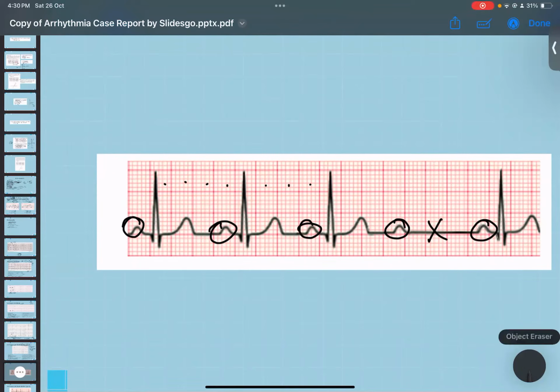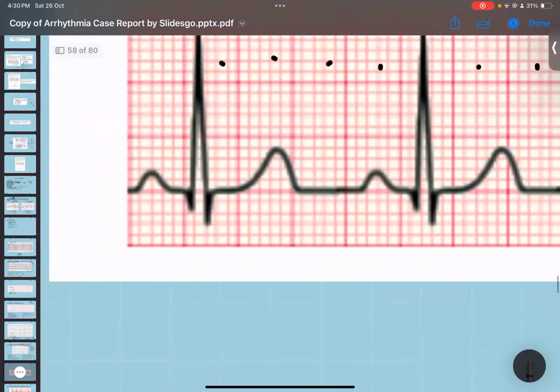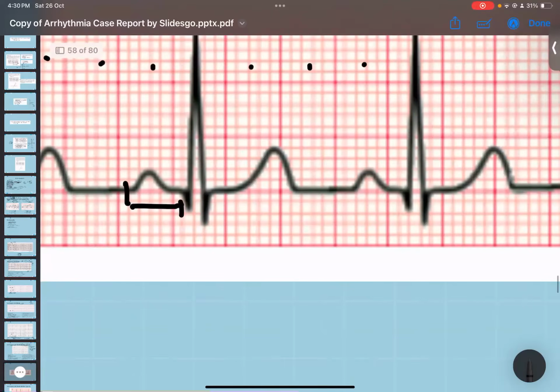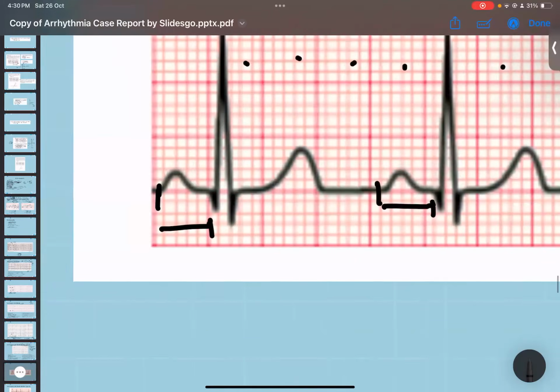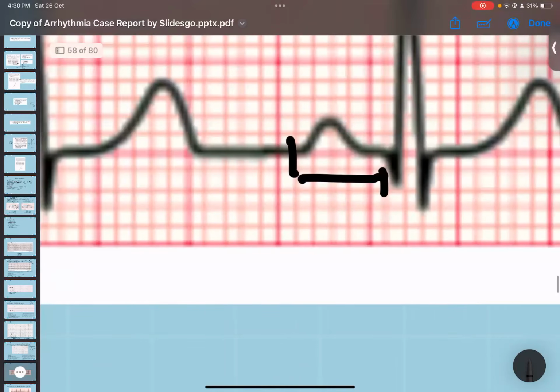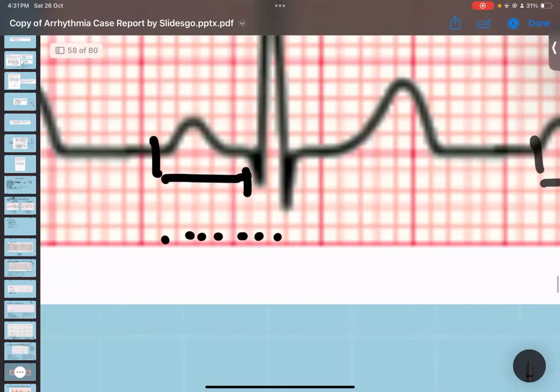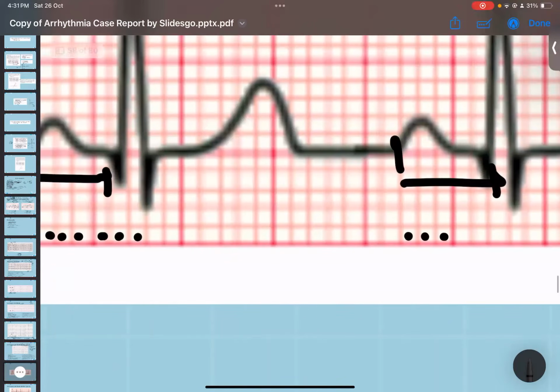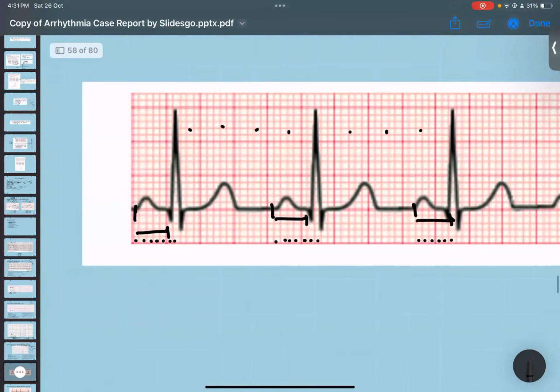Now coming to the PR intervals, the QRS complex is narrow here. With PR intervals, you can see that this is just starting from here to here. Okay, 1, 2, 3, 4, 5, 6, 7.